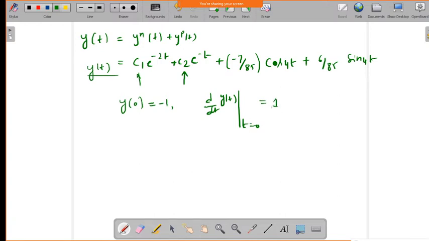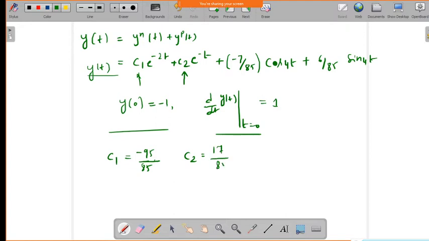So substitute these and get the values of C1 and C2. What are the values of C1 and C2? So C1 is minus 95 by 85. Okay. And C2 is 17 by 85.